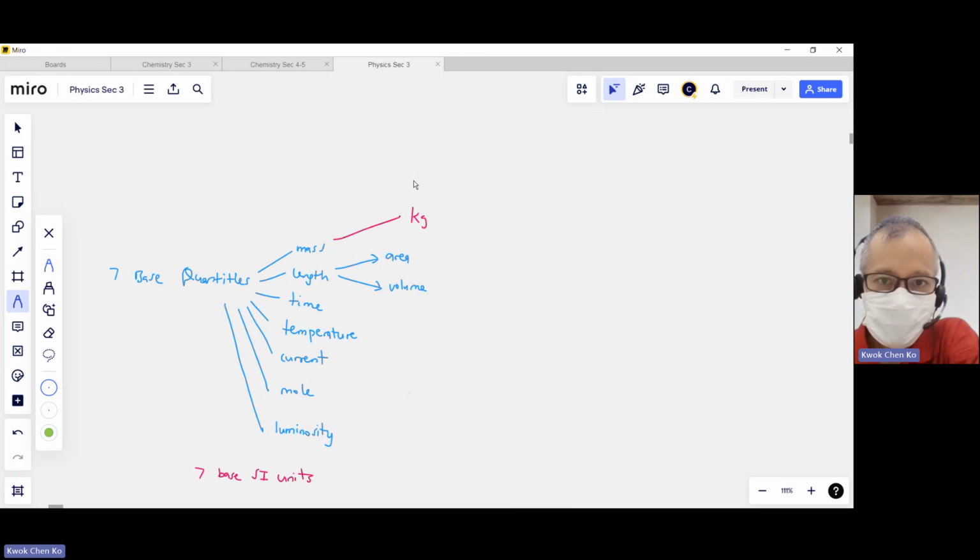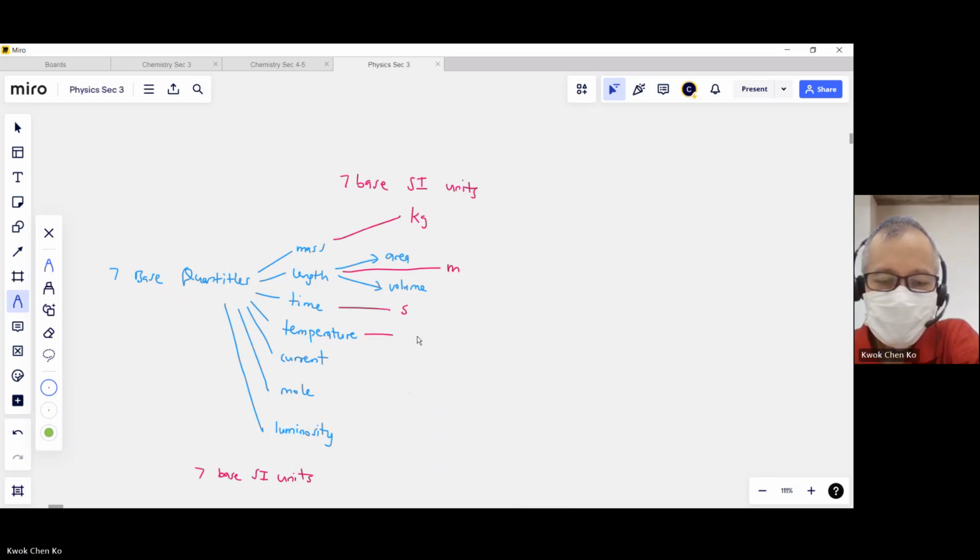Now, these are SI units, the so-called 7 base SI units. Mass, kg. Length would be, of course, meter. Time, seconds. Let me emphasize, you need to remember them.